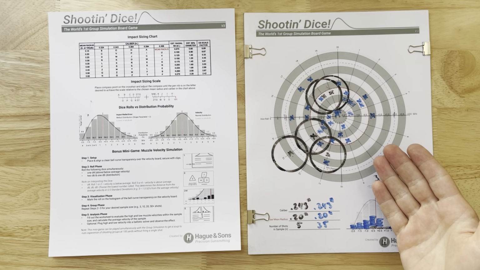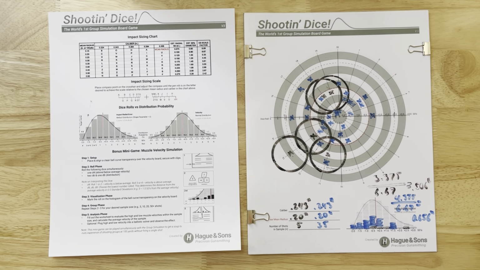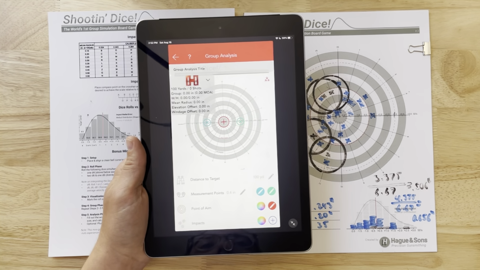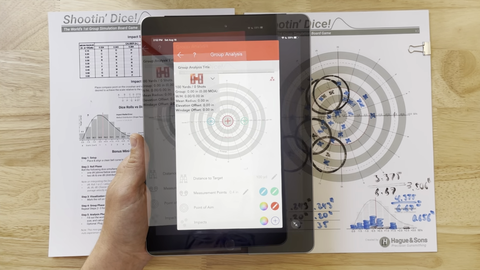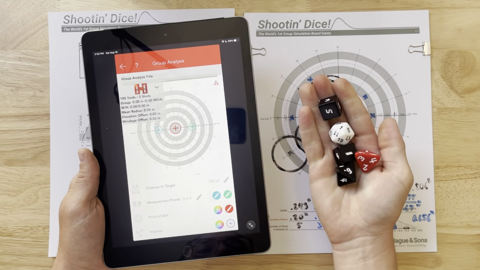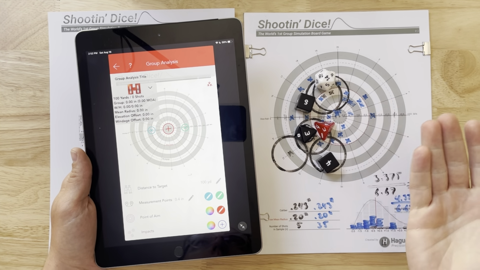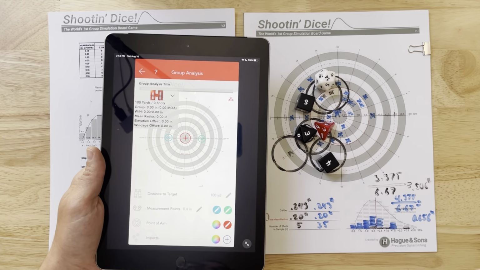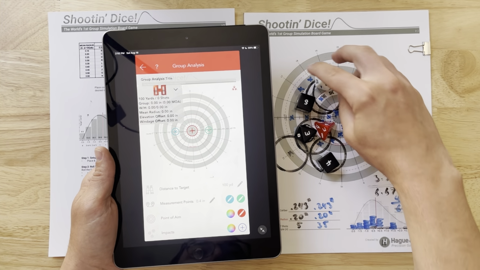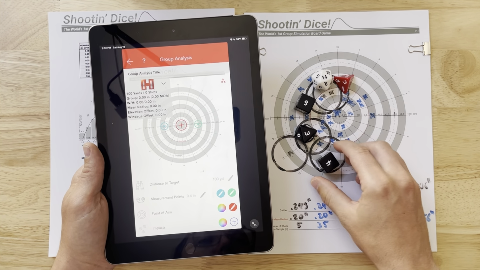If you don't have a physical board in front of you, no problem. You can download one of these boards and input it directly into the app by either rolling physical dice or digital dice, like on Google. You can play directly in the app.